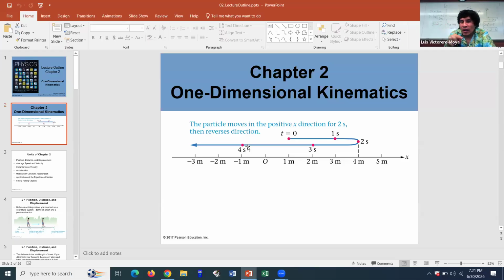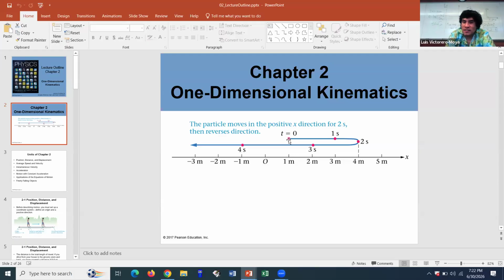And then we can use how long it took, right? For the distance of 8 meters, it took 4 seconds. So the speed is 8 divided by 4, 2 meters per second. What about the velocity?